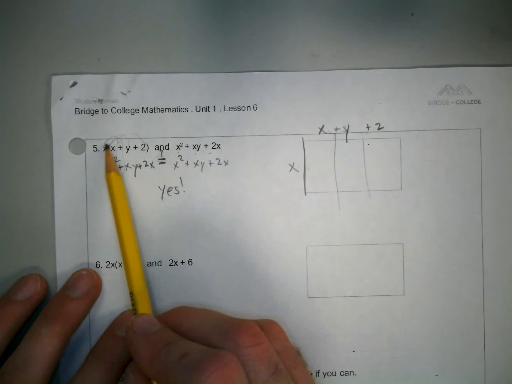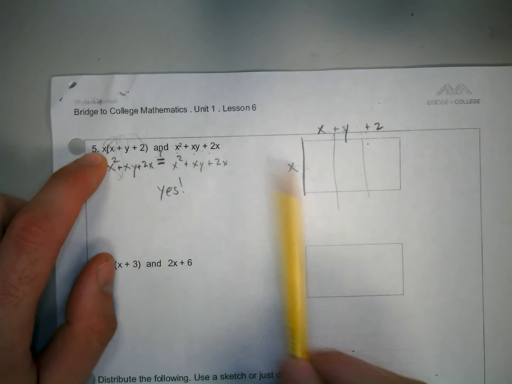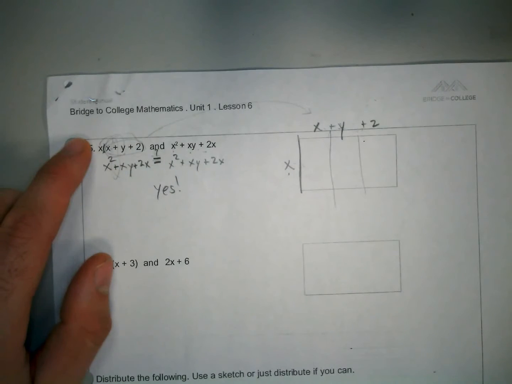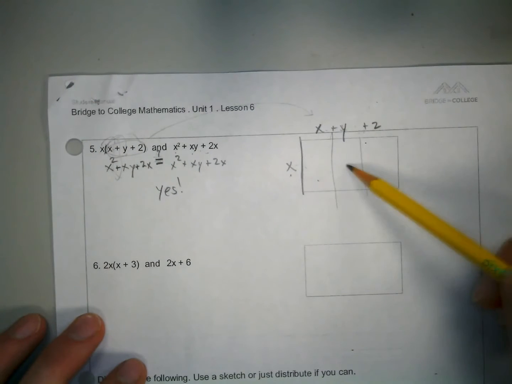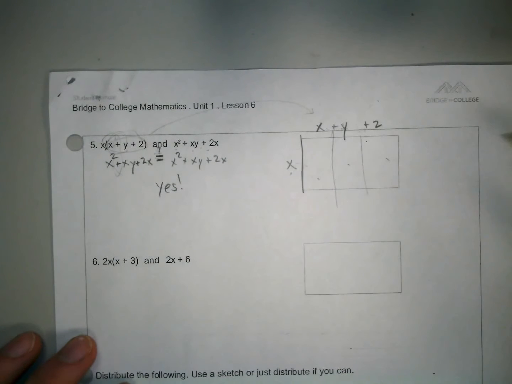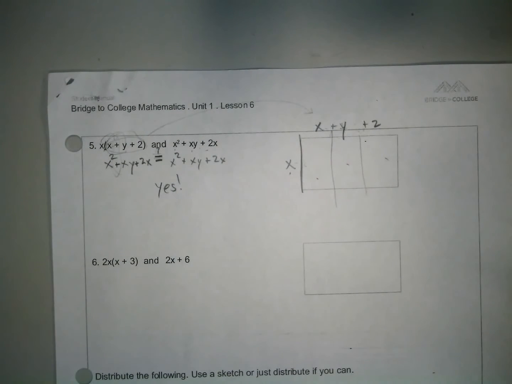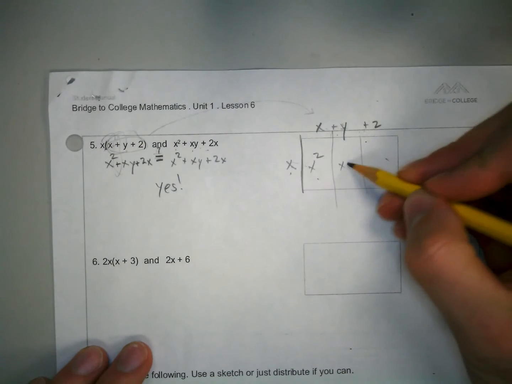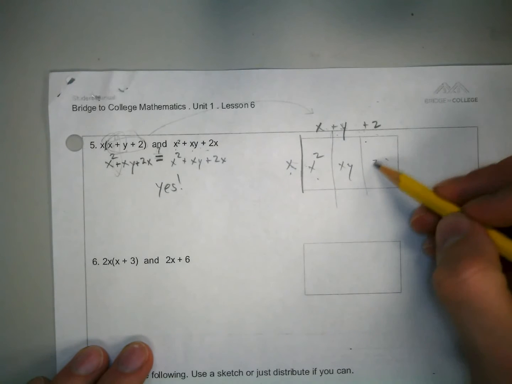One side length are these 3 things, which is why we split it up into 3 boxes. If there was 4 things, we'd have 4 boxes. The last example, there were 2 things, we put 2 boxes. X times x gives you x squared. X times y gives you xy, x times 2 gives you 2x, and there it is, x squared, xy, 2x.